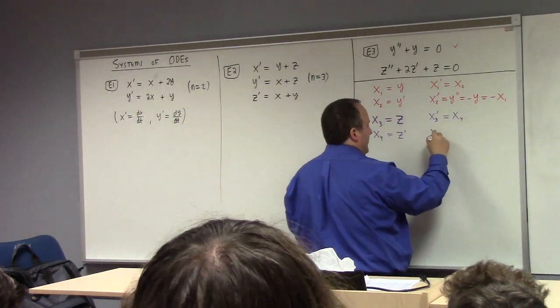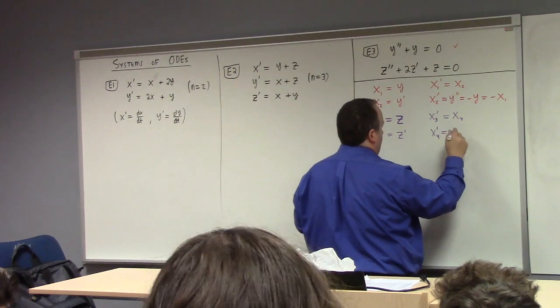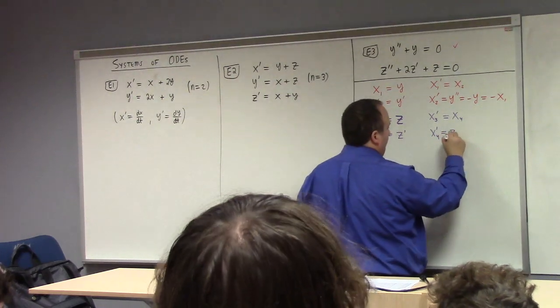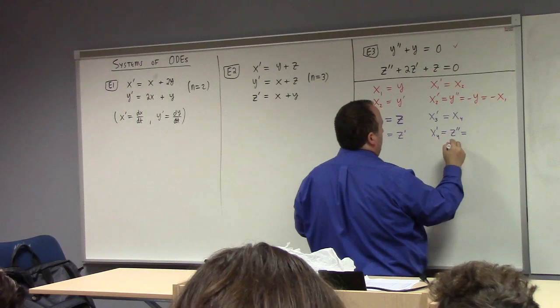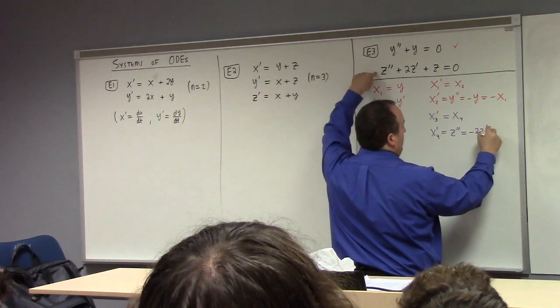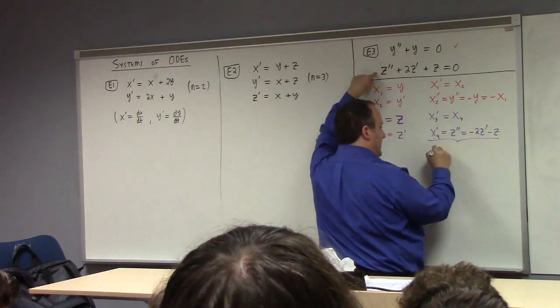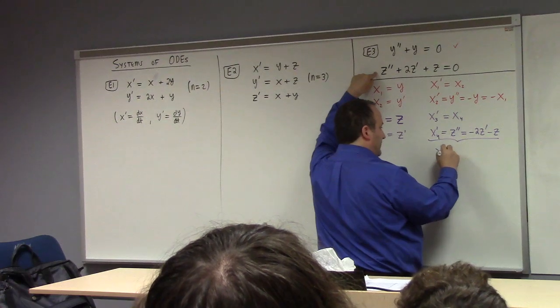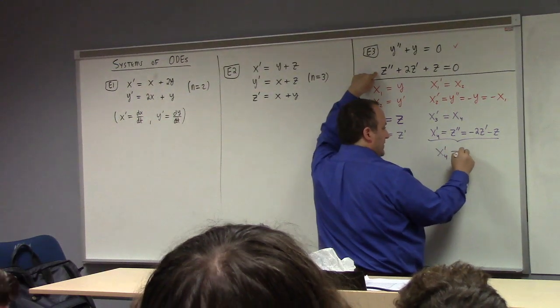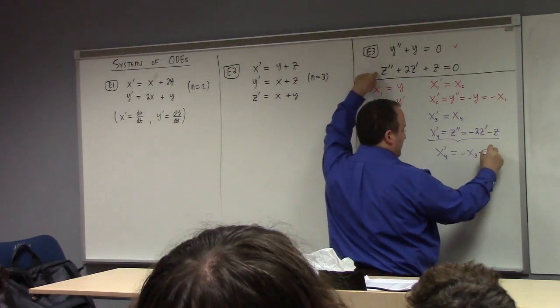And we've got x4 prime, which is equal to Z prime prime, yeah? Which is what? Minus 2Z prime minus Z, right? So this last one, when I put it back in terms of the x4 and x3 variables, I got x4 prime is minus x3 minus 2x4.